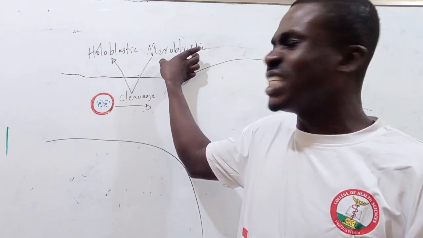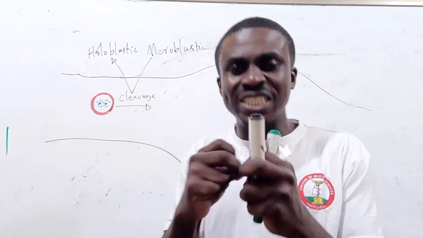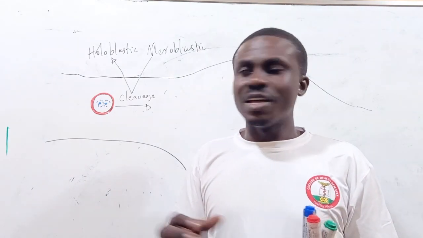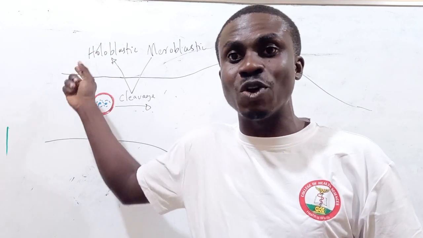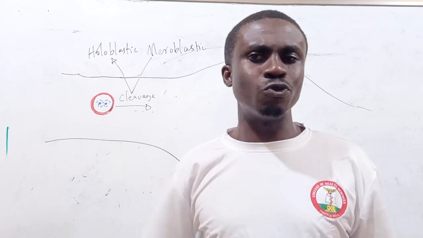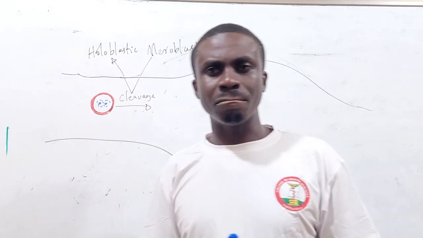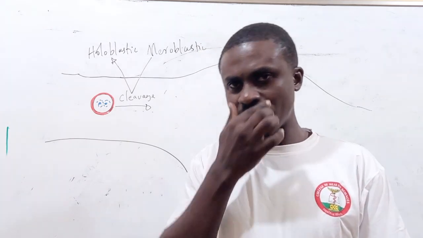Because the quantity is very large, we are not able to go through complete division. But if the quantity of yolk is small, as in the holoblastic case, then we can easily go through it. Yes, that's one thing I want you to be aware of for now.